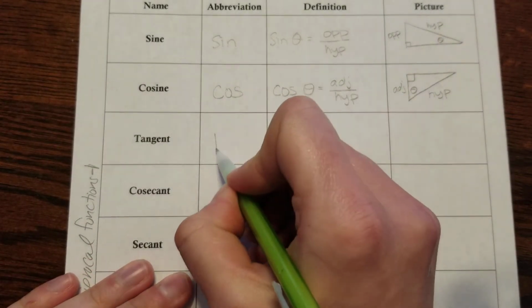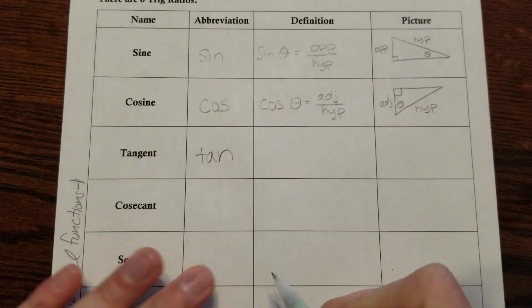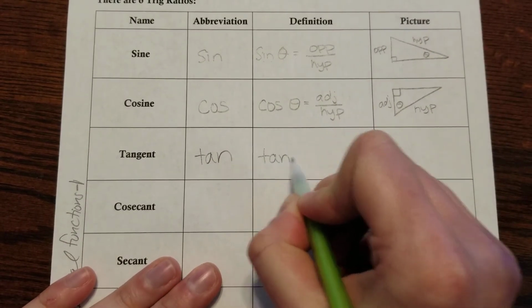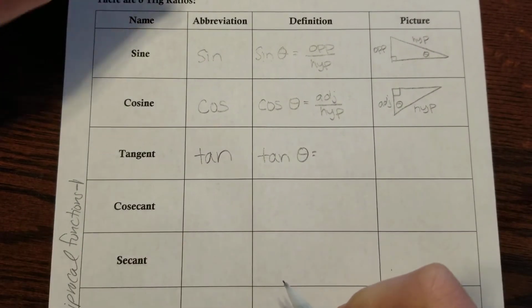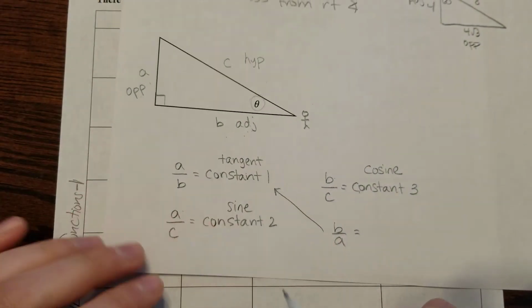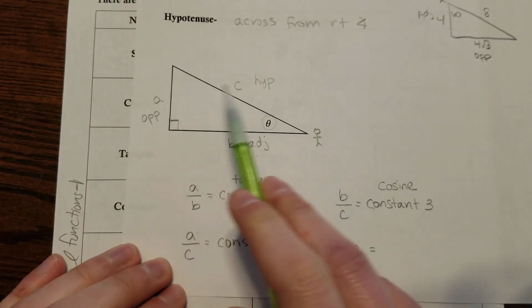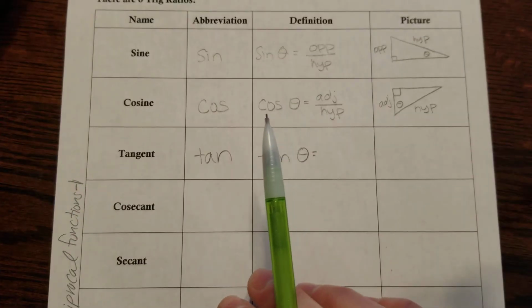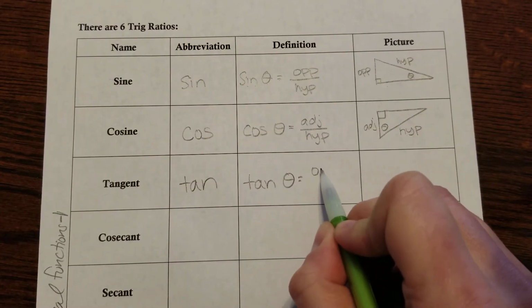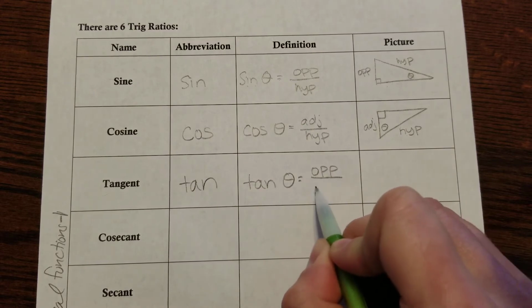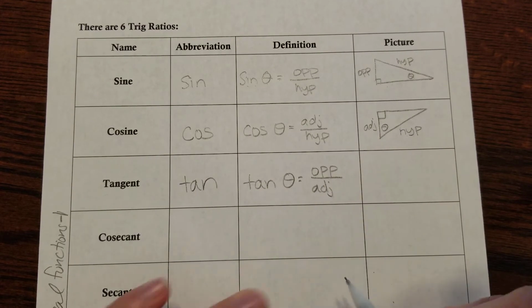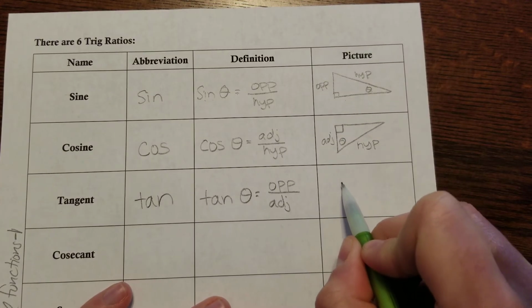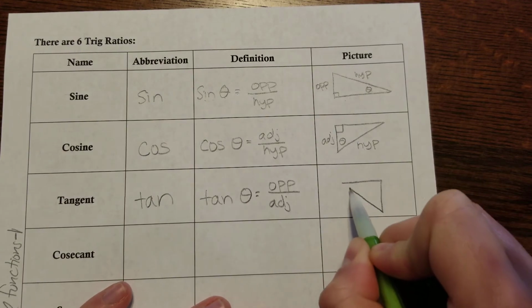All right, tangent is abbreviated TAN. So tangent of theta. And if we go back to this guy over here, if we remember, we used a and b, so that was opposite and adjacent. So tangent's definition is opposite side over the adjacent side. All right, so let's draw a triangle that's a little bit different.